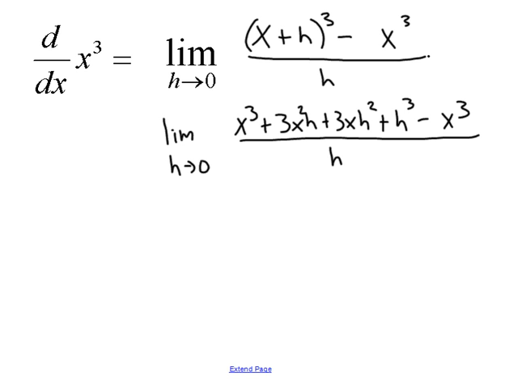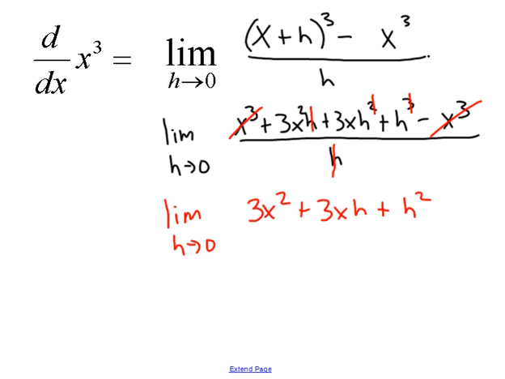Now the x cubes go away, and I can take an h out of everything. Again, if you don't know Pascal's triangle, do it by brute force, that's fine. So I am left with 3x squared plus 3xh plus h squared. As h goes to 0, this will run off to 0, this will run off to 0, and we will be left with 3x squared.